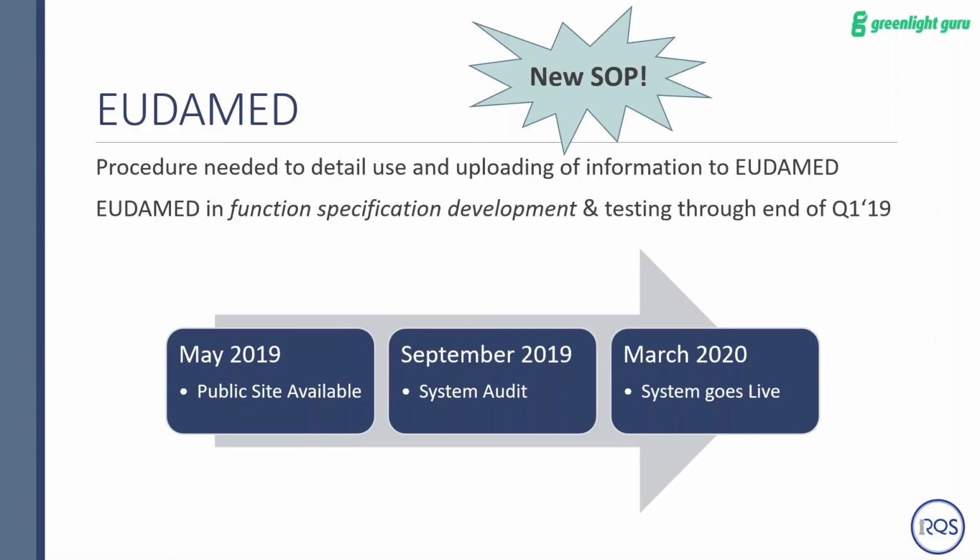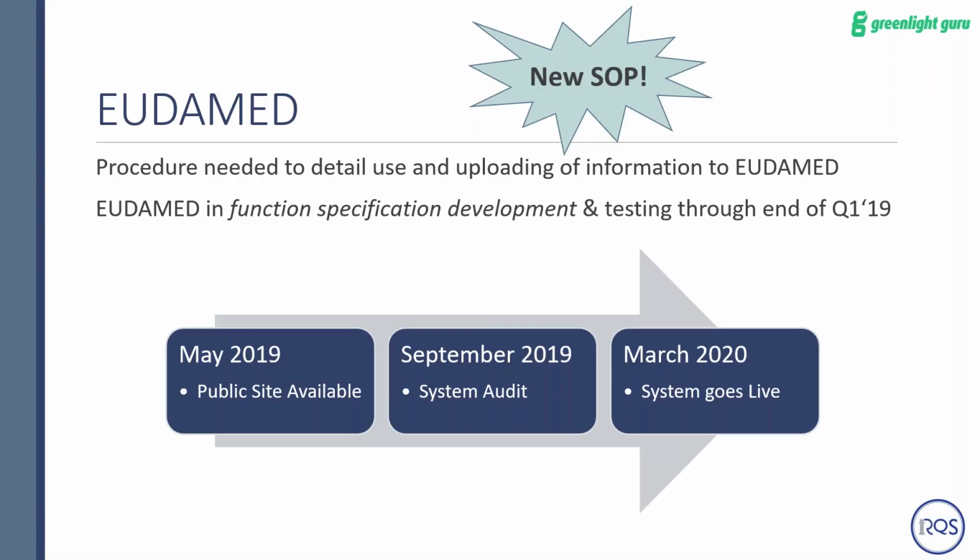Here's the general timeline of when it should be up. So they're saying May 2019, so 3 months from now. And then September 2019, the system's getting audited, and then the plan is for this to go live March 2020, a few months before the cutoff deadlines for MDR.